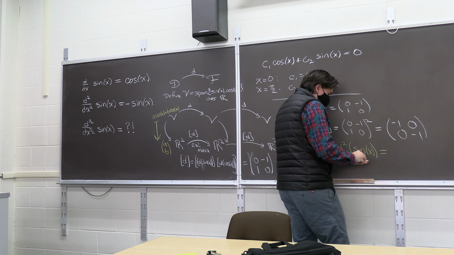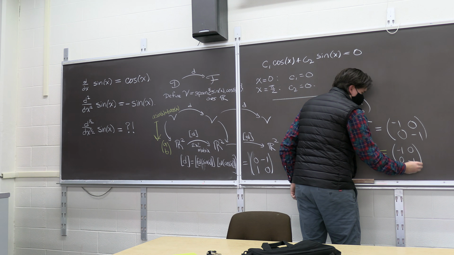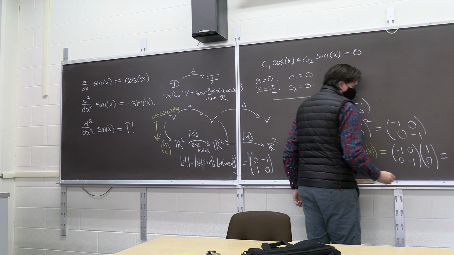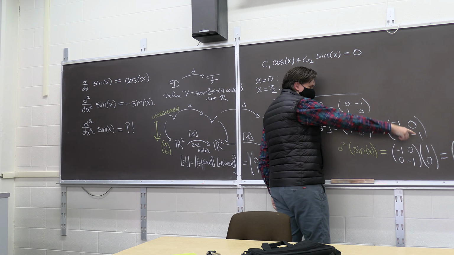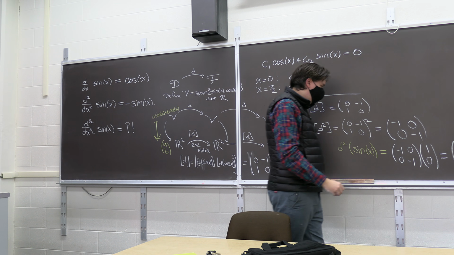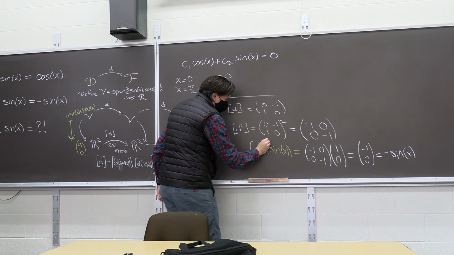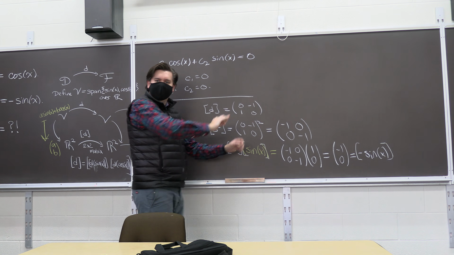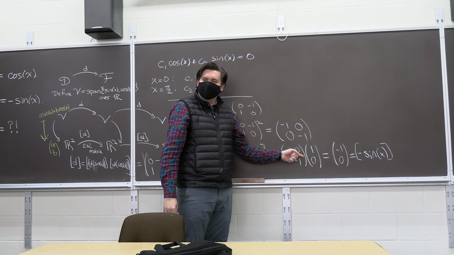Well, d squared of sine of x can be represented by this matrix times the vector corresponding to sine of x, (1, 0), which comes out to be the vector (-1, 0), which then corresponds to negative sine of x. Okay, I've been a little bit sloppy here. This is the matrix corresponding to this times the vector corresponding to this. But we can carry out the derivative by just doing matrix multiplication.